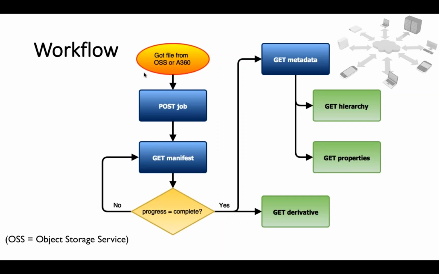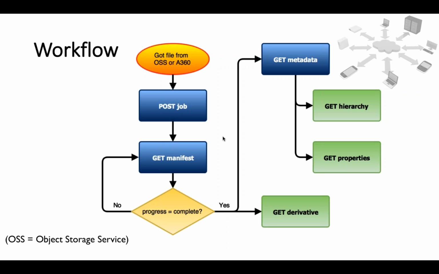So here is the workflow concerning the model derivative API. You need to have a file available on OSS or on A360 or on BIM 360. So the first step is to upload the file to the Autodesk Cloud. The second step is to post a job in order to request the translation from the API.